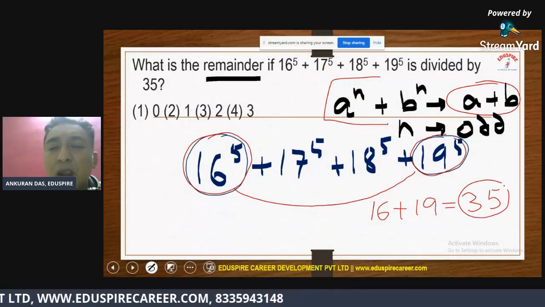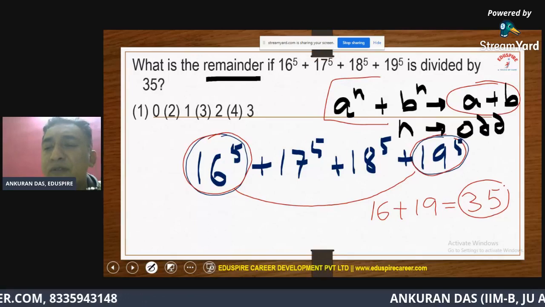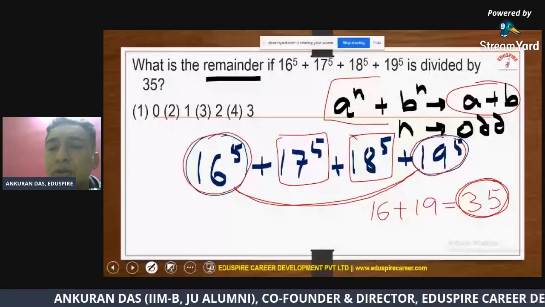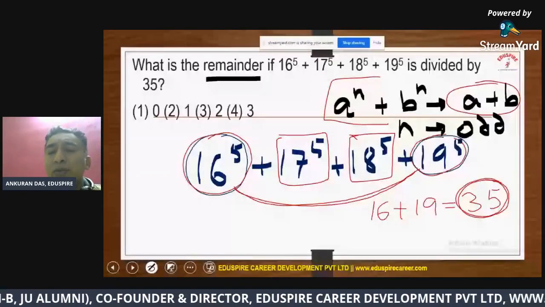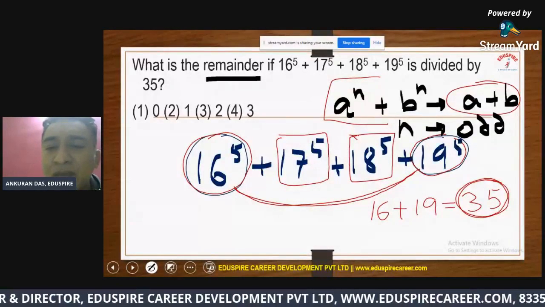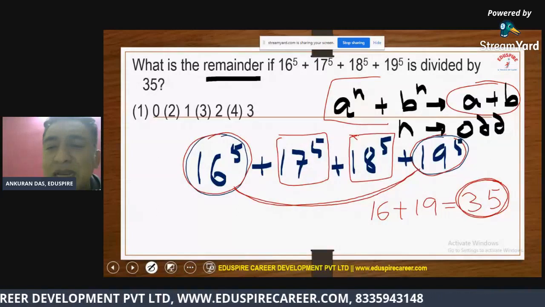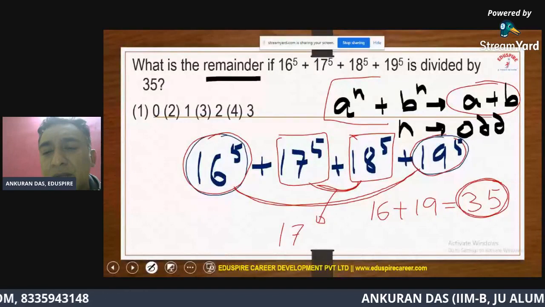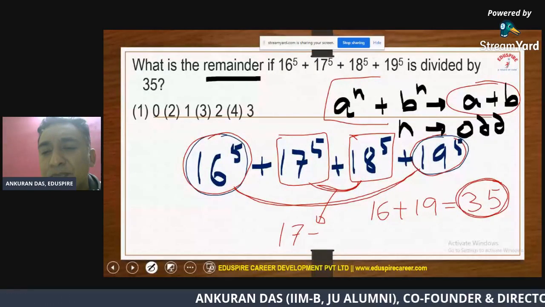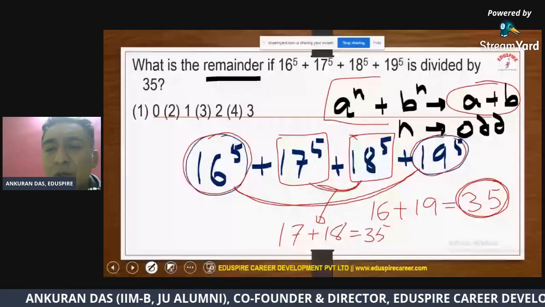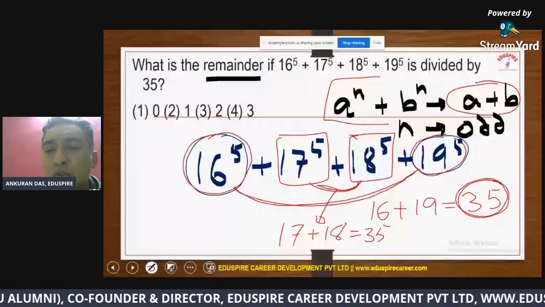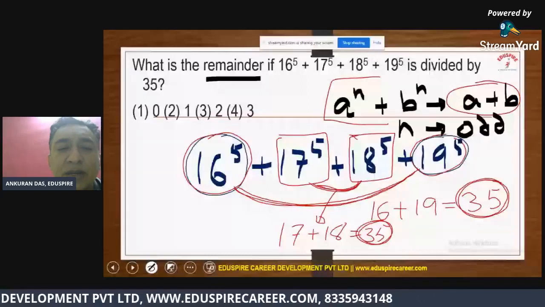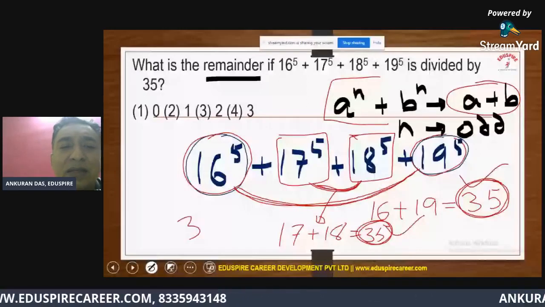Again, if I look at this portion, the sum of 17 to the power 5 plus 18 to the power 5, we can say that this will also be divisible by 35. So we found two separate portions which are both divisible by 35, which means the entire expression will be divisible by 35, all right, and hence the remainder will be 0.